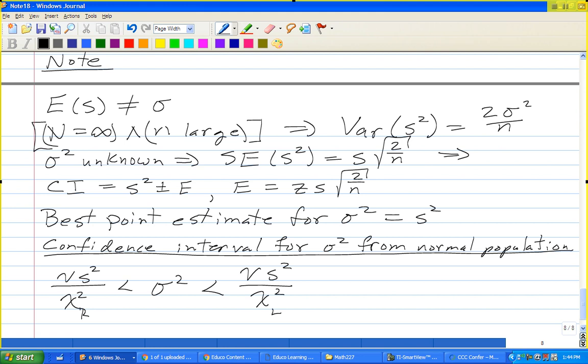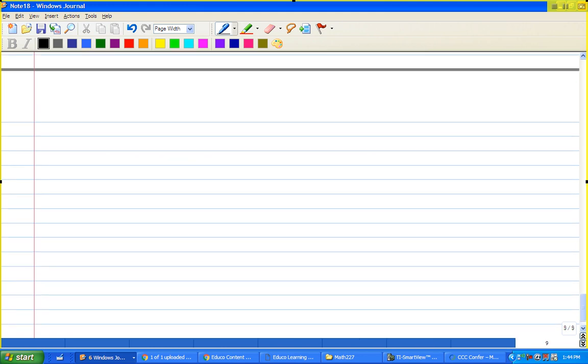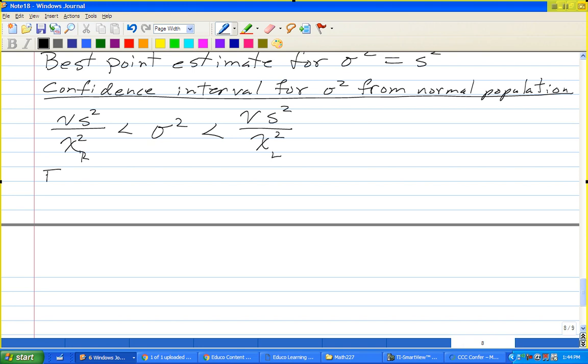So let's do the following example. A simple random sample of 22 IQ scores is obtained.